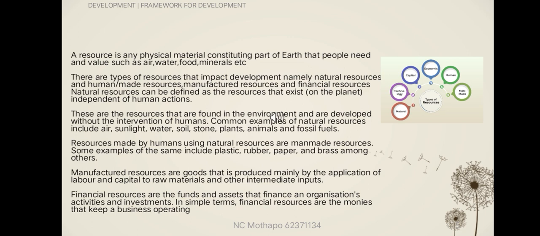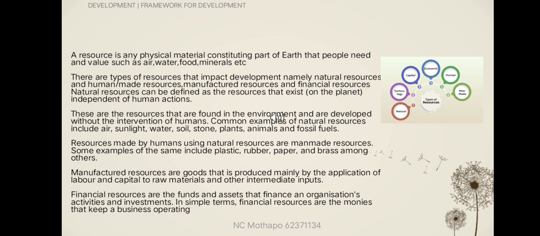Natural resources can be defined as the resources that exist naturally on the planet independent of human actions. These are the resources that are found in the environment and are developed without the intervention of humans.